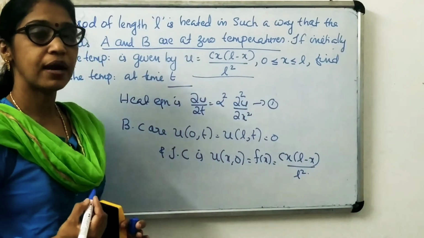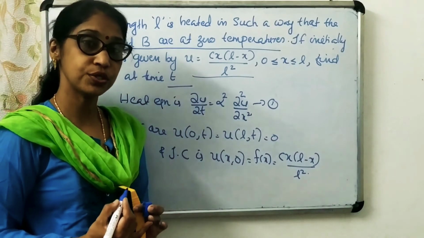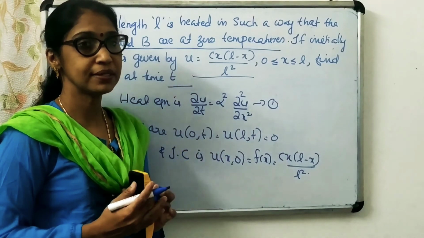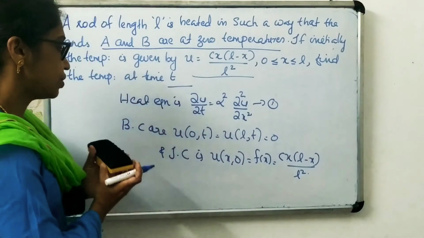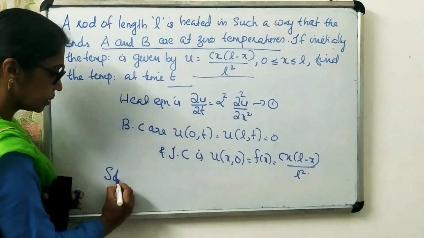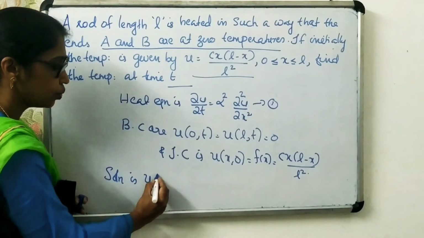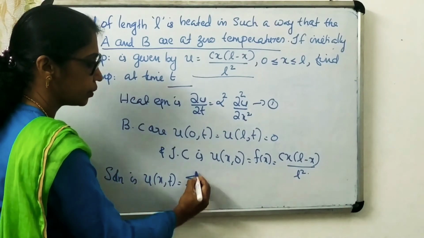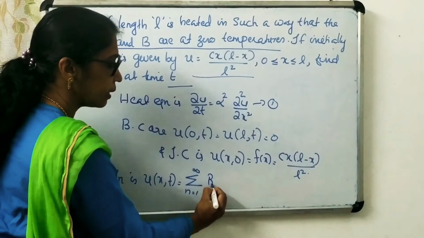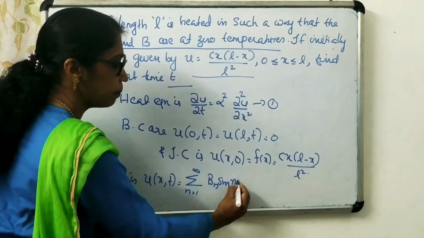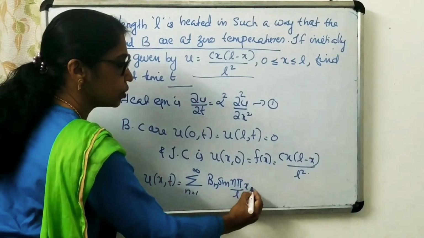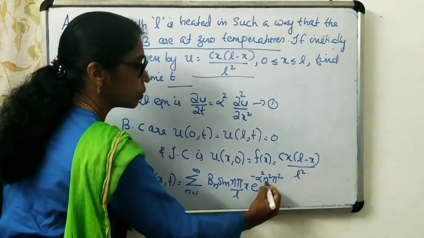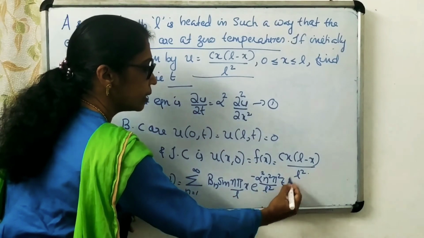Okay. Now we have to write the most general solution. What is the general solution of the heat equation if both the ends are kept at zero temperatures? Yes, we know the general solution is U(x, t) = Σ from n = 1 to infinity of Bn sin(nπx/L) e^(-α²n²π²t/L²).